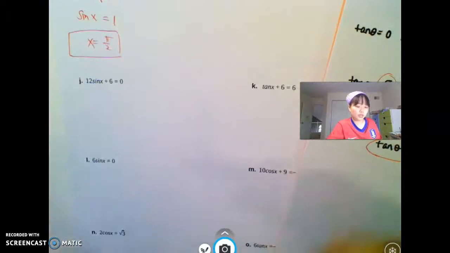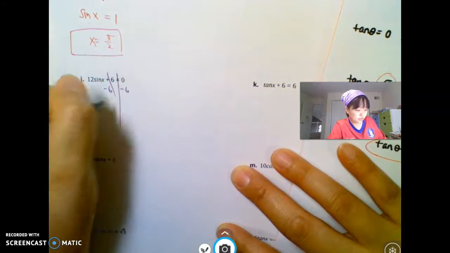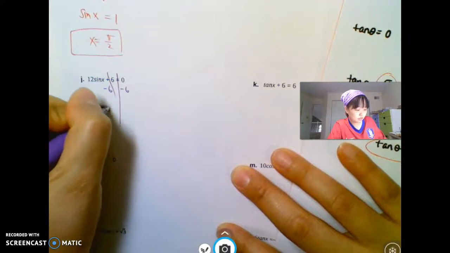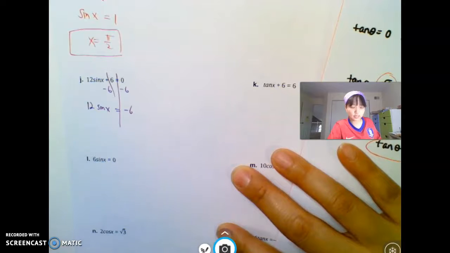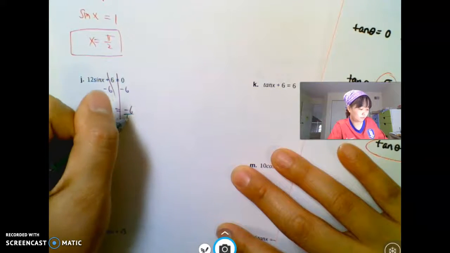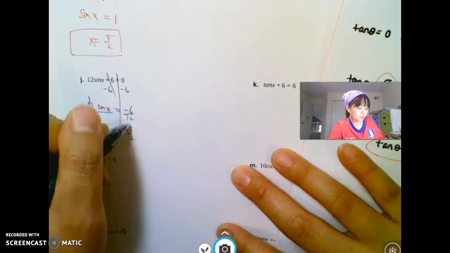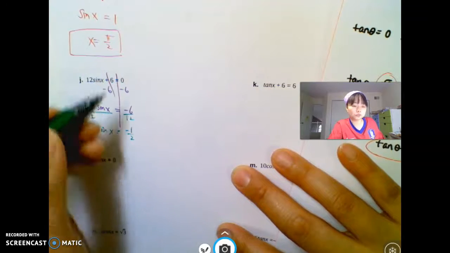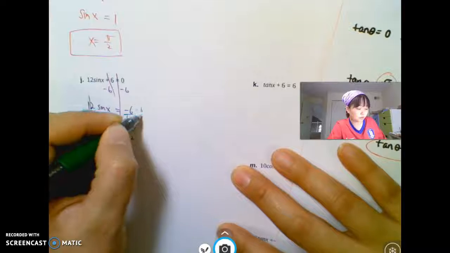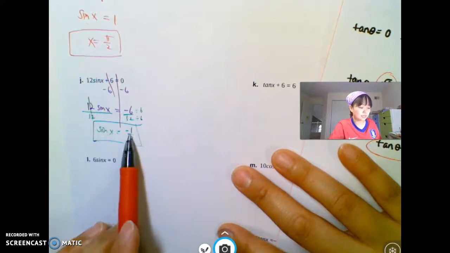Let's look at J. Is there something to add or subtract? Yes, the 6. Is there something to divide? Yes, the 12. I really wish you could simplify and do simple stuff without the calculator, right? So I got this: sine x is negative 1/2.